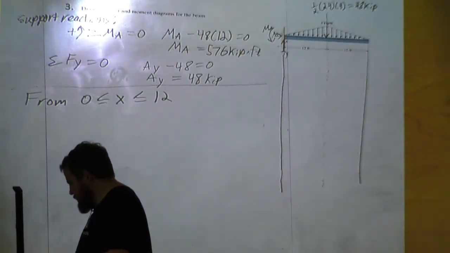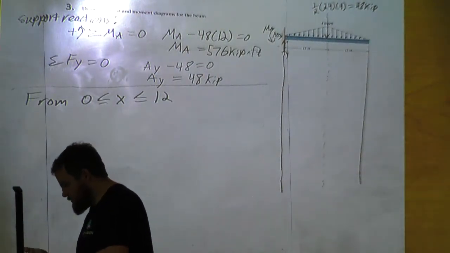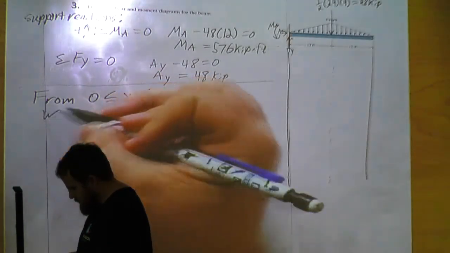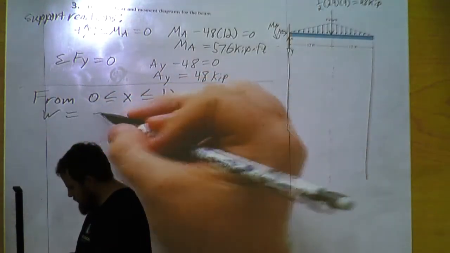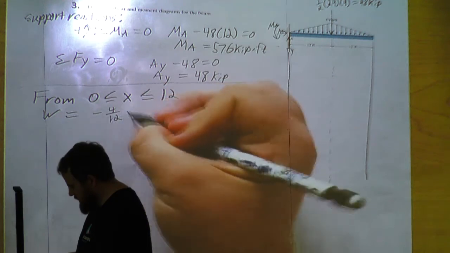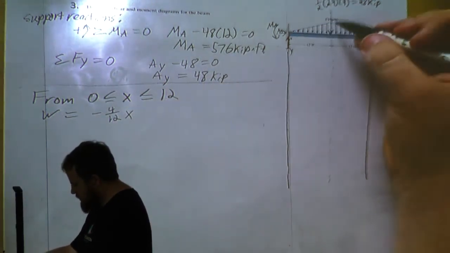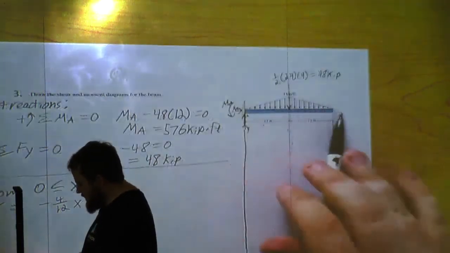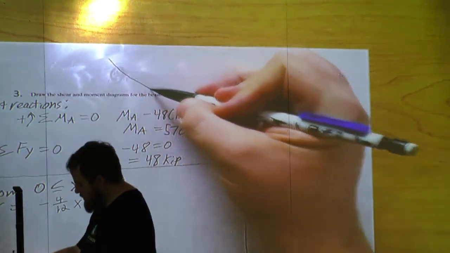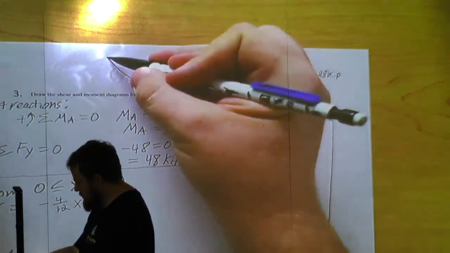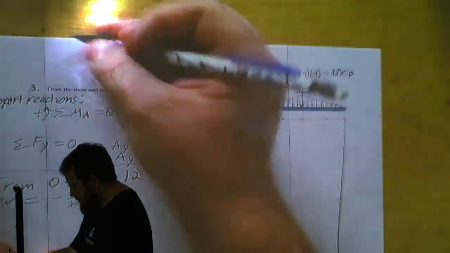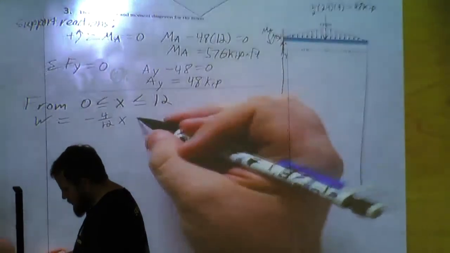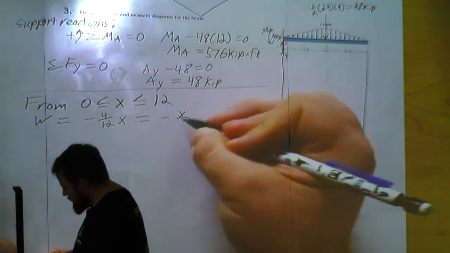So what we're going to do is integrals again. So we're going to look at the load first. The load is going to be negative 4 over 12x, right? Because it's the ratio, rise over run. And this basically, it's not an upwards triangle, it actually is a downwards triangle like that, right? In the load. Okay, so our load is going to be negative x over 3.